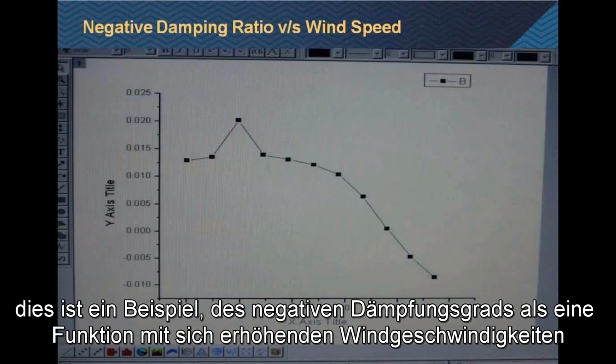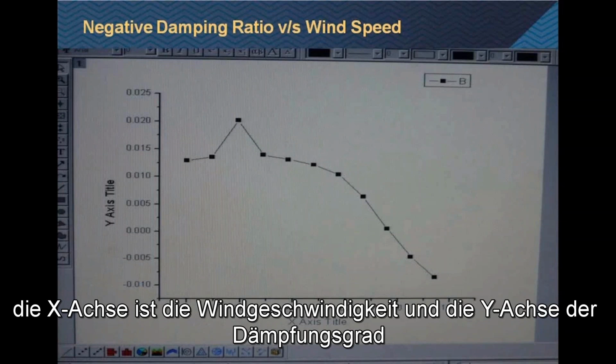This is an example on the effect of negative damping ratio as a function of increasing wind speed that attacks the bridge deck. The x-axis is wind speed and the y-axis is the damping ratio.